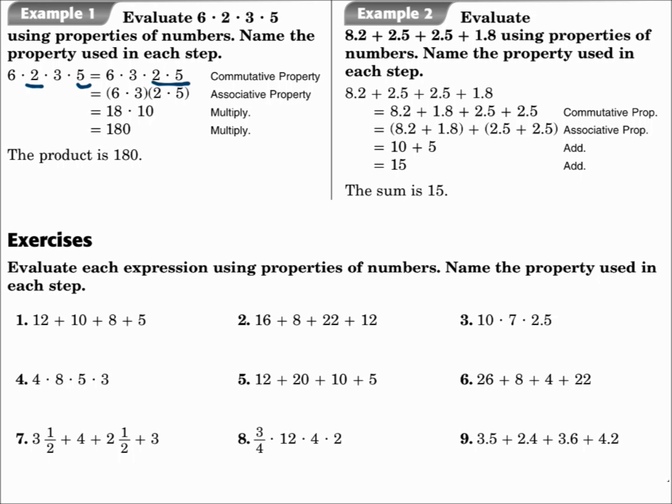And that's why they switched those around with the commutative property. Order doesn't matter. Then they put the 2 sets of numbers in parentheses using the associative property, and then they went ahead and did the multiplication. So when you reorder things, put them together where they will give you an easy number to work with.